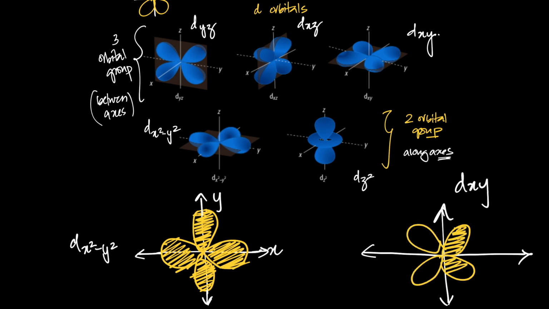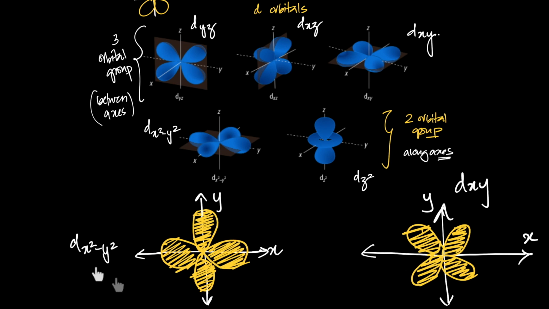These same four lobes are now between the axes, where this is x and this is y. So the difference between the two types is, in one type the lobes are on the axis, that's x square minus y square, and between the axes become dxy. And if this is xy, the same thing will happen in xz and also in yz. But that's the difference between the two types.